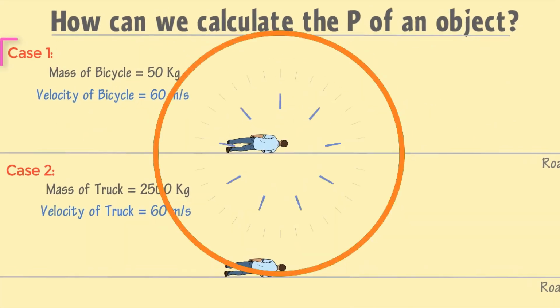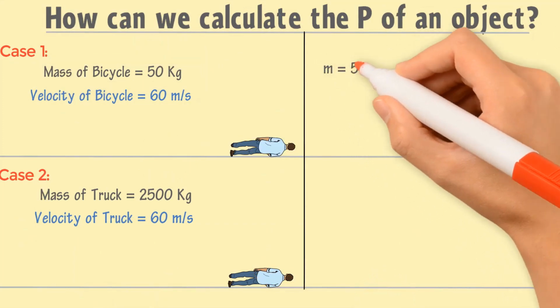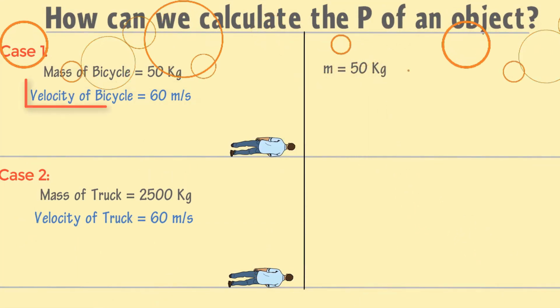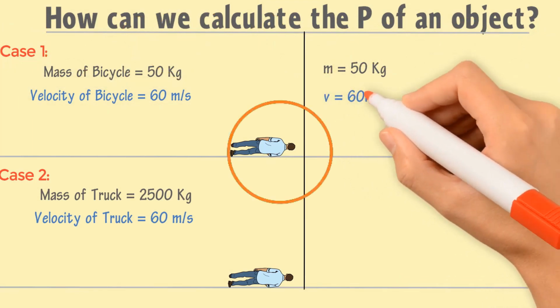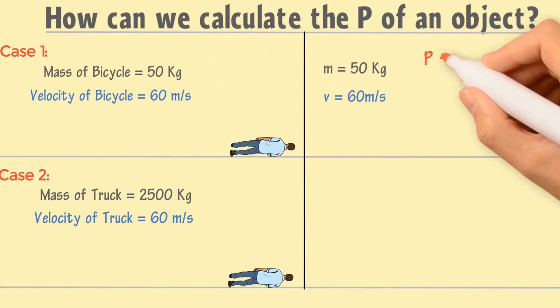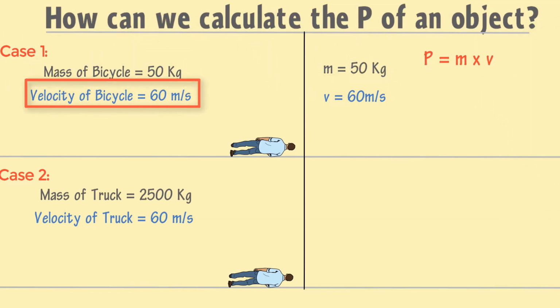In case 1, the mass of the bicycle is 50 kg. It means mass m is equal to 50 kg and its velocity v is equal to 60 meters per second. Hence the momentum p of the bicycle is equal to the mass of the bicycle times the velocity of the bicycle.